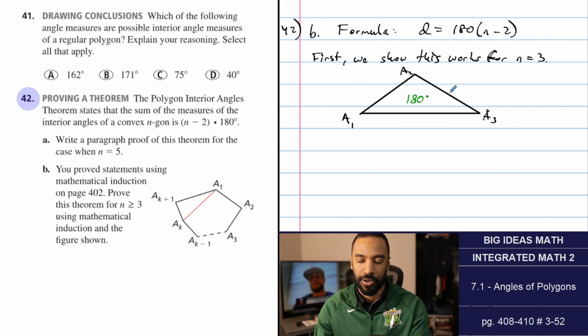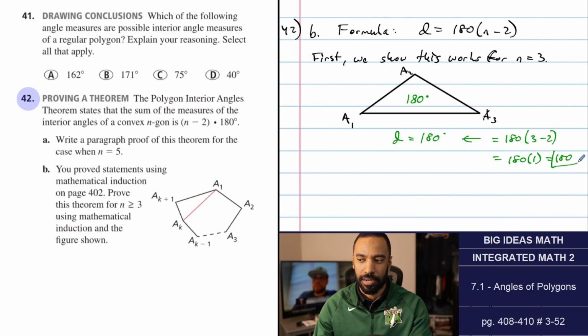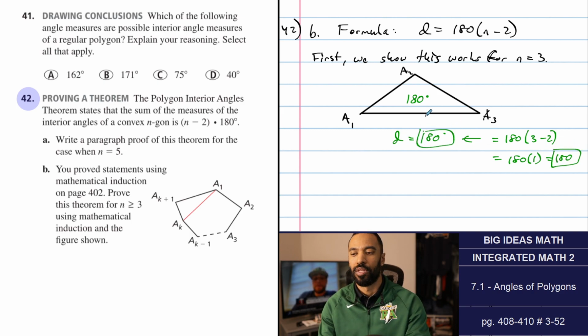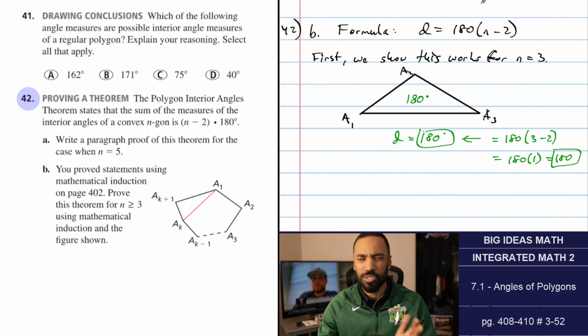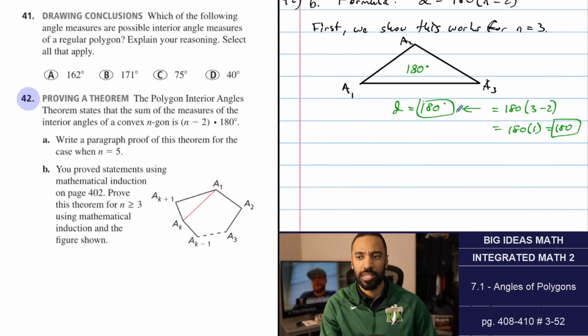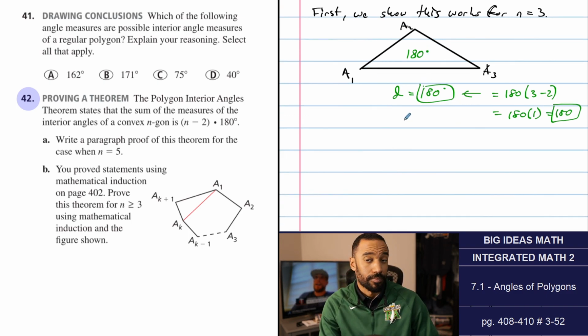There's just a single 180 degree triangle, so d equals 180, which seems to match 180 times 3 minus 2. And I think maybe that's what we're supposed to do, write equals 180 times 3 minus 2, just to show that it's there. Cool. So they're both the same, right? So maybe I use the formula to tie it in with the drawing.